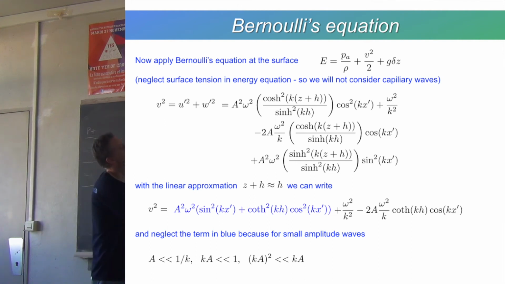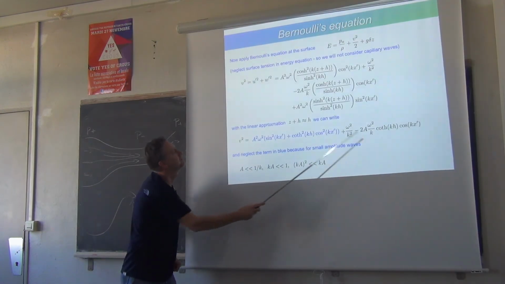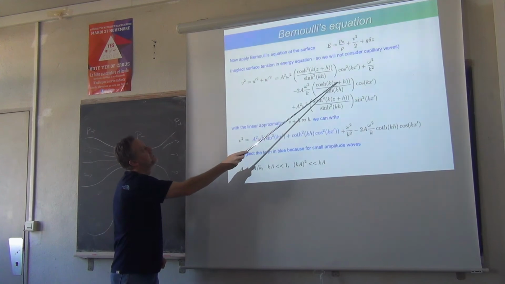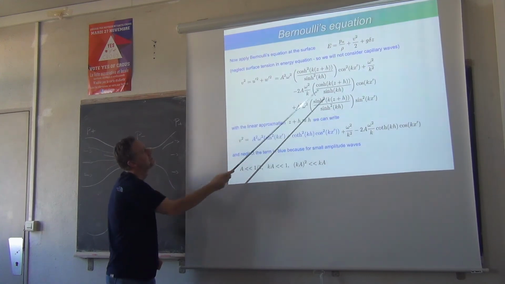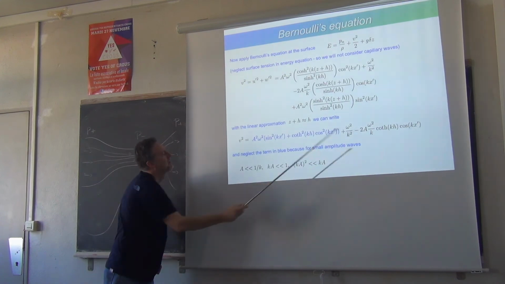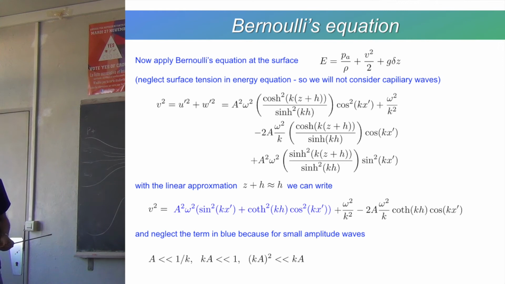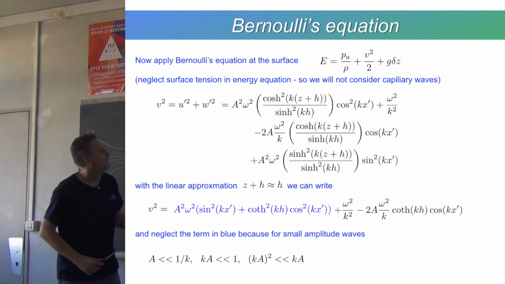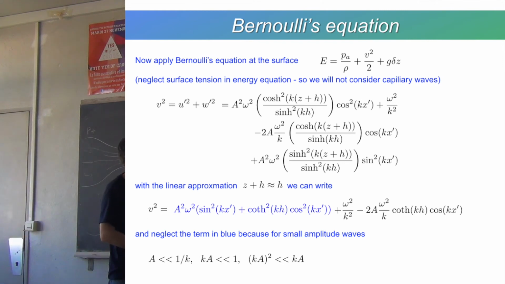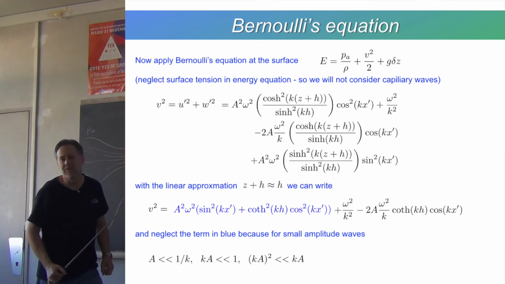So if we do that, we can simplify it like this. We've simplified all these z plus h's in these hyperbolic terms, and that simplifies it quite a lot. Now, it's not simple enough. What we're going to do now is assume that wave amplitudes are small compared to the wavelength.